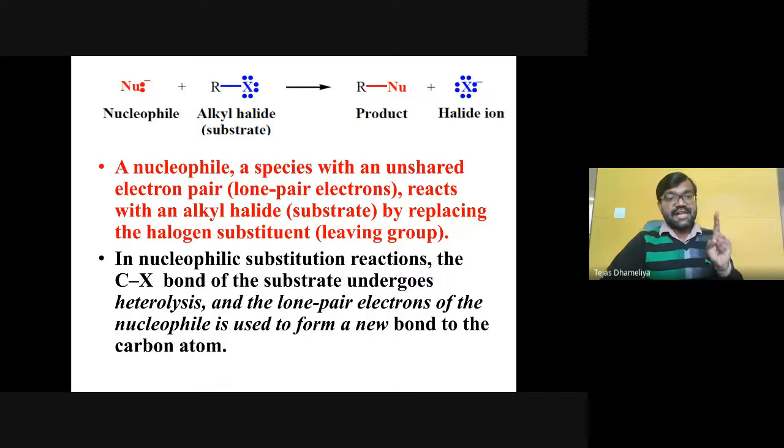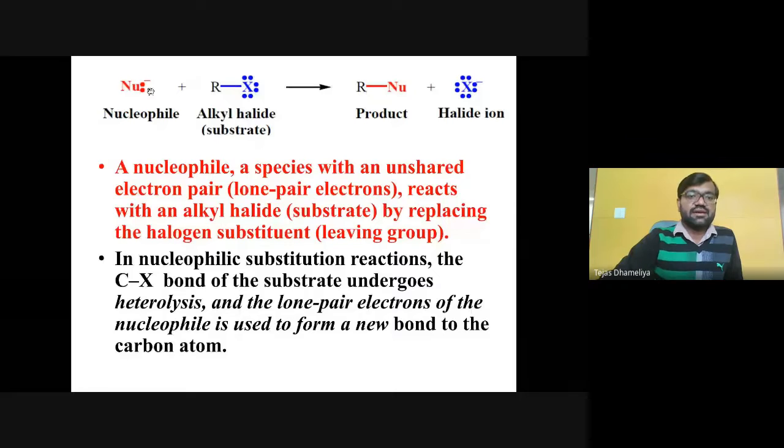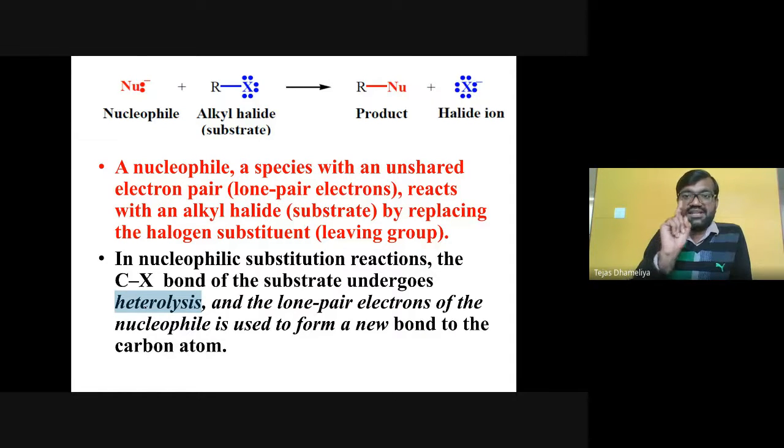So this is a reaction which involves heterolysis. Why? Because here a reaction undergoes bond breakdown, which is a dissimilar dissociation.